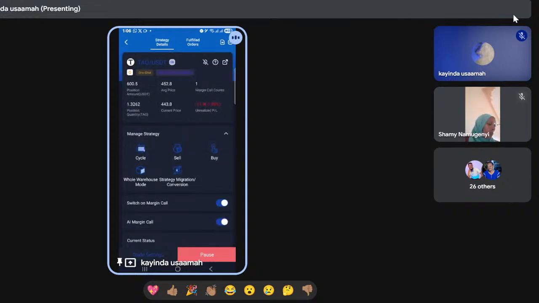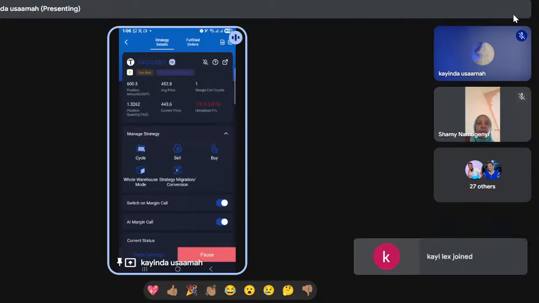Let me give an example. If I have an emergency, I wake up in the night, my son is very sick, and I don't have any cash available, and I have a trade moving. My trade has not delivered. It is in negative, like this one, it has my $600. It is in negative 1%, not yet closed. The robot cannot close a trade in negative, never.